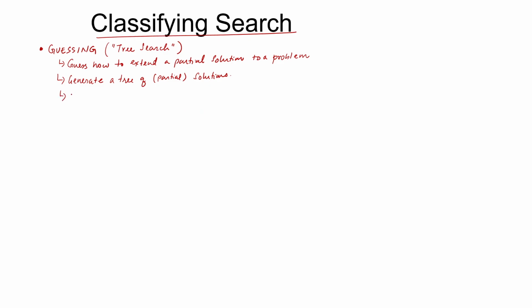The leaves of the tree are either failures, meaning it fails the goal test, or they represent a complete solution.